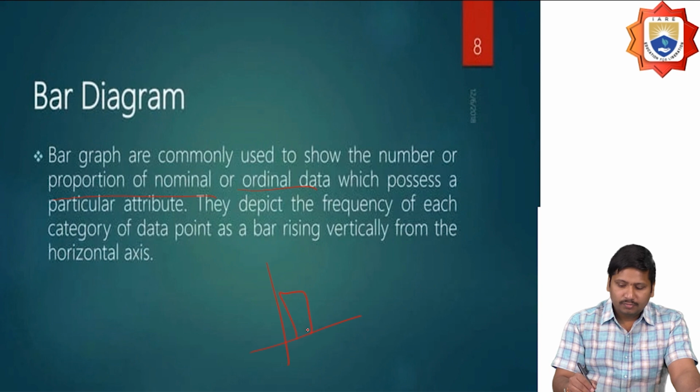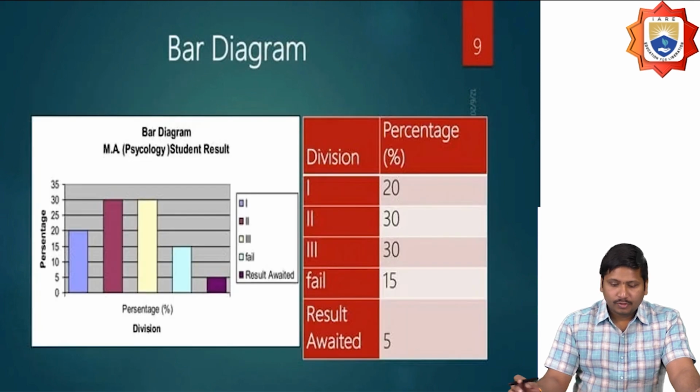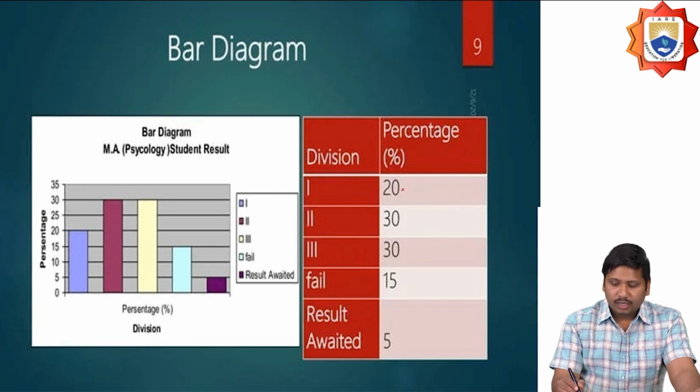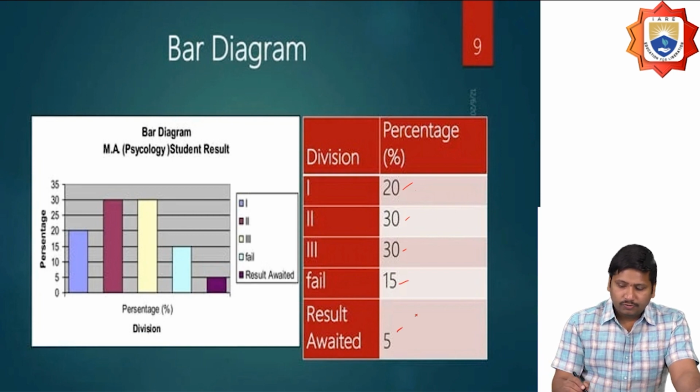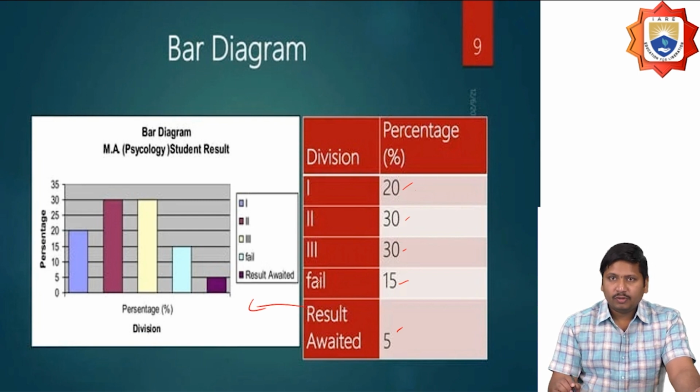So the bar diagram. If you look at this, this is the table that I'm going to have. For division 1 I get 20%, for division 3 like this, 15 fail and the result of it. For this kind of application, normally we prefer the multiple bar chart.